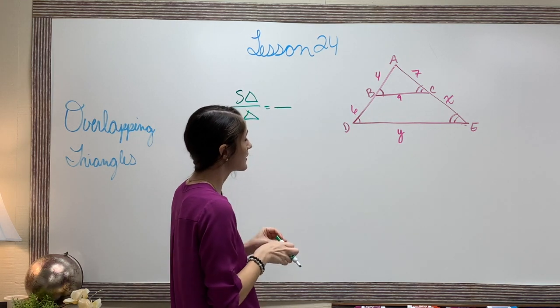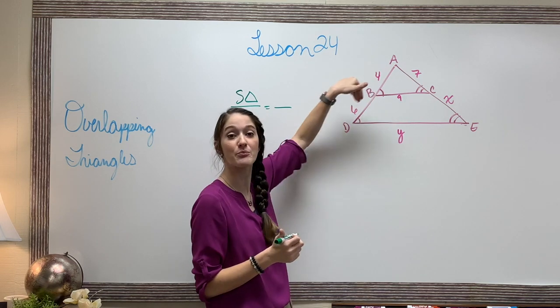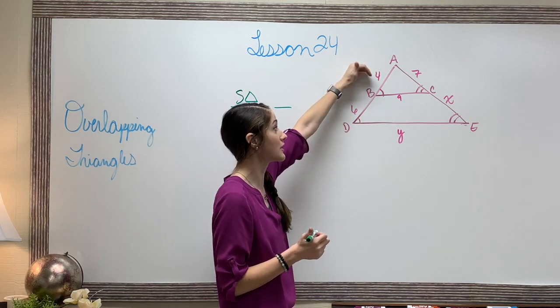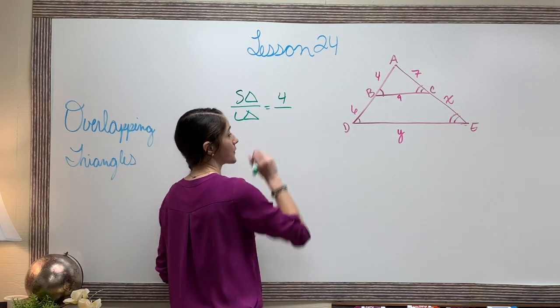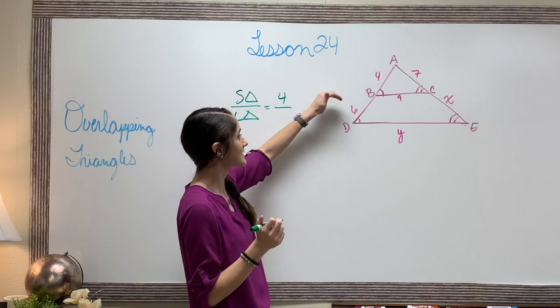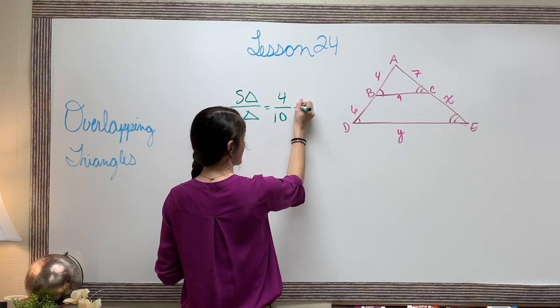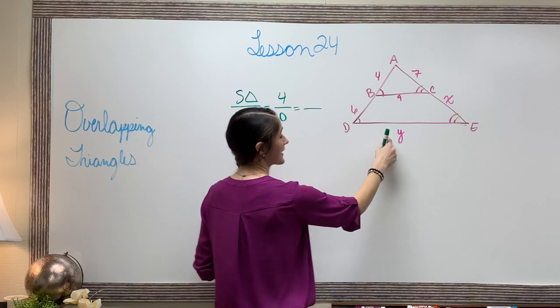And so the one that we know is going to work for us is going to be this side because we have both measures. We know that for the smaller triangle, our measure is 4. And for the larger triangle, going from A to D, it's not 6, it's 4 plus 6, so it's 10. But because I know that, I can find y.